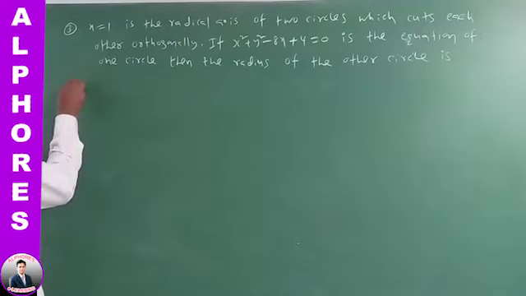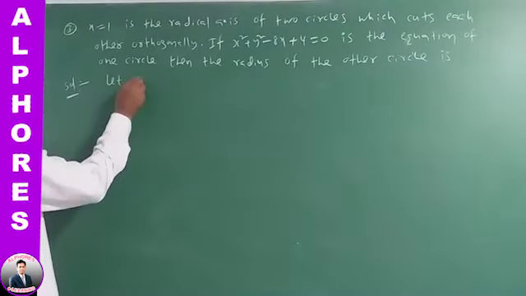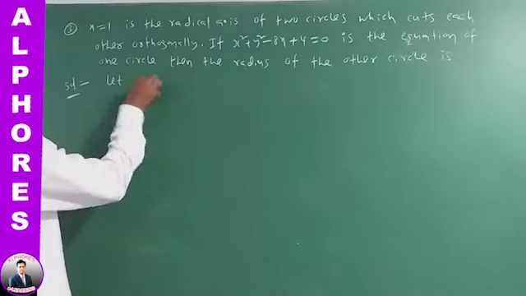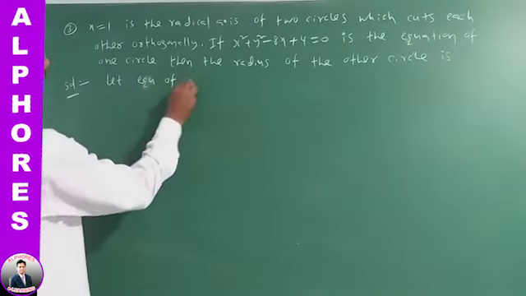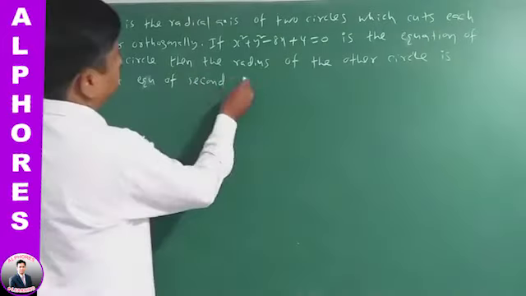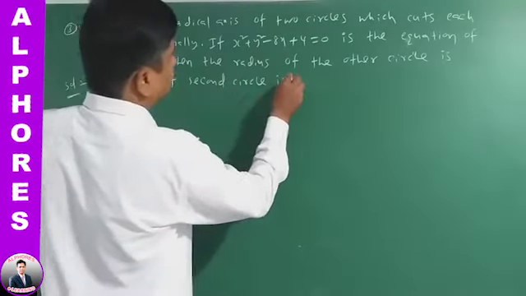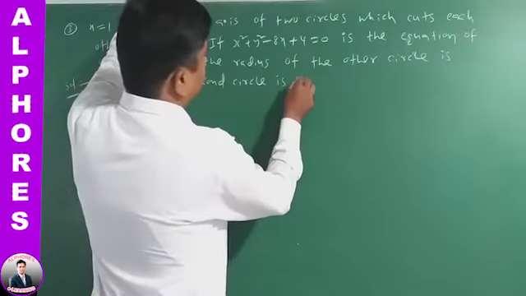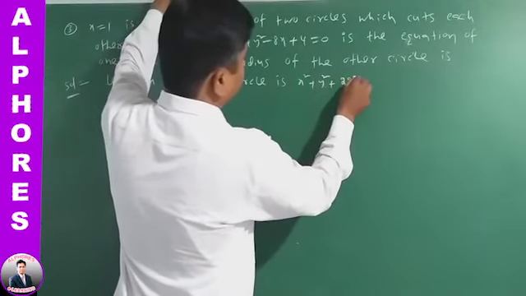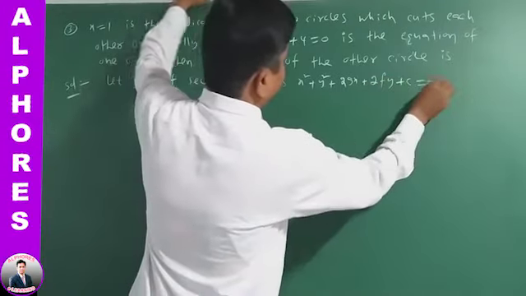Solution. Let the equation of the second circle, the other circle, be x square plus y square plus 2gx plus 2fy plus c equal to 0.